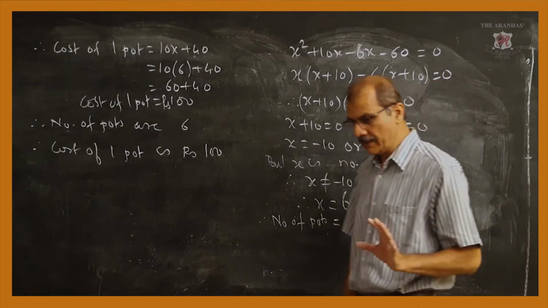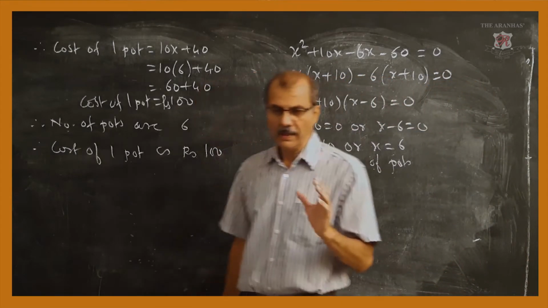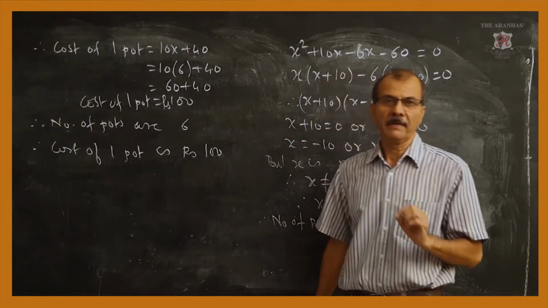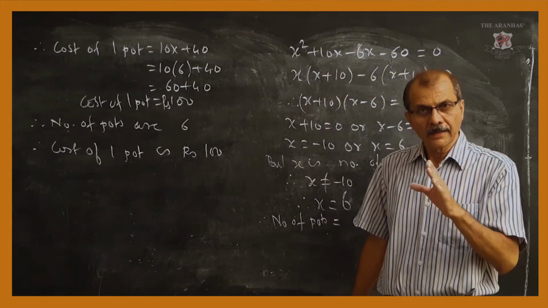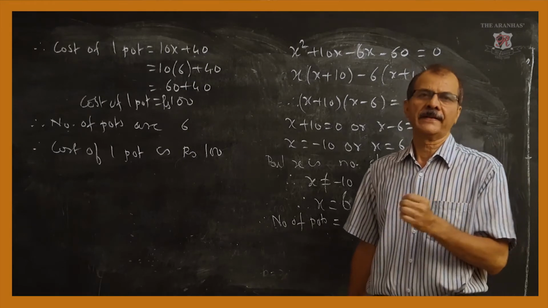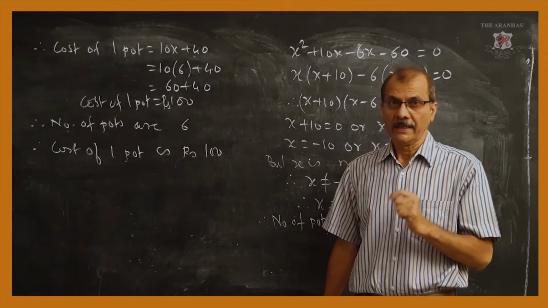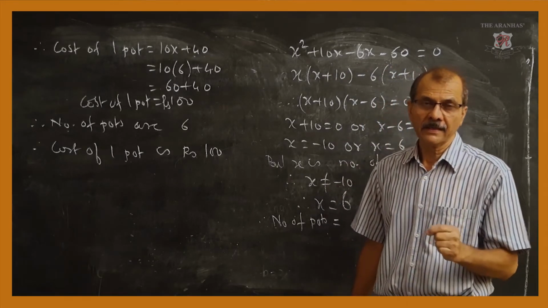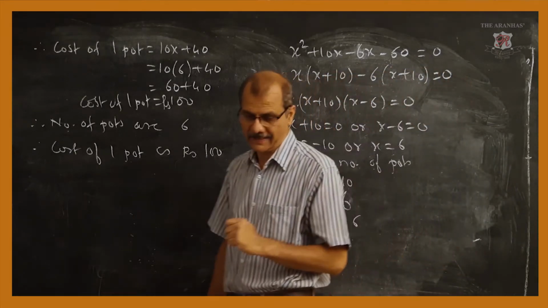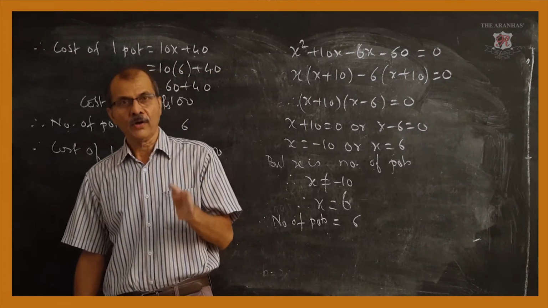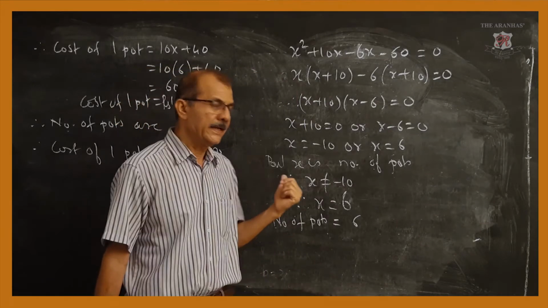So in this, what you have to keep in mind is the cost has been expressed in terms of number of pots. That is why I will take the number of pots as x. So my cost will be 10x plus 40.